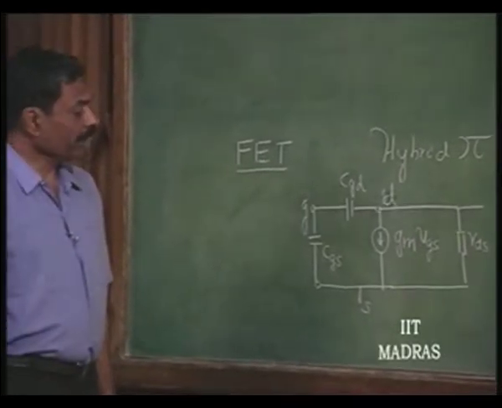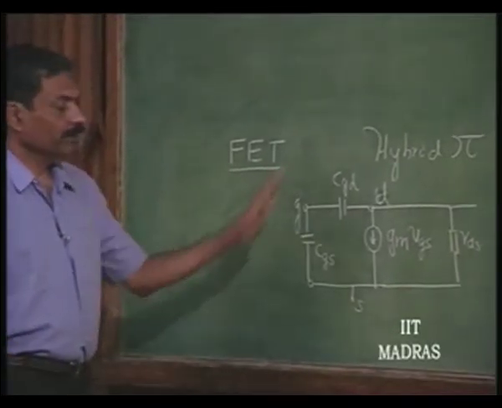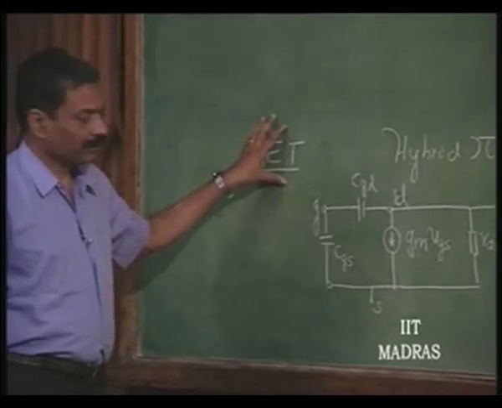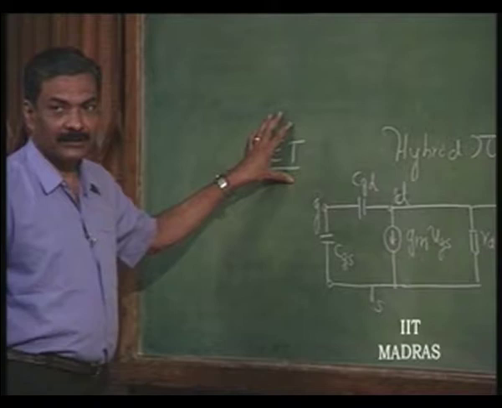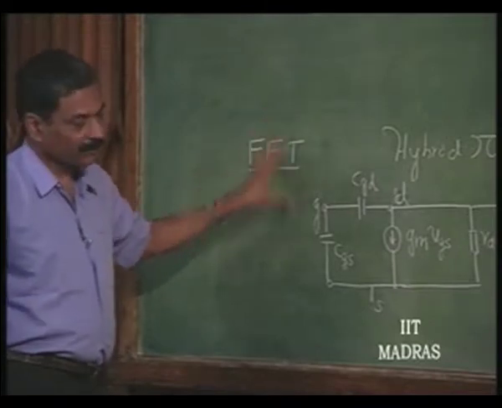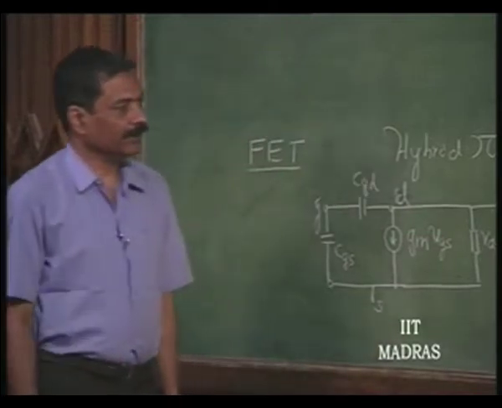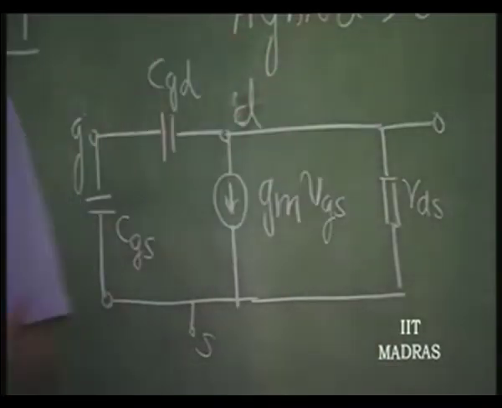In most of the cases, this is the high frequency equivalent circuit of the FET, okay, JFET or MOSFET. It is the same equivalent circuit. Only difference is, if these are discrete circuit, this is the equivalent circuit.